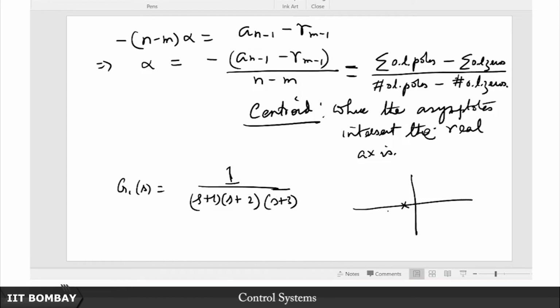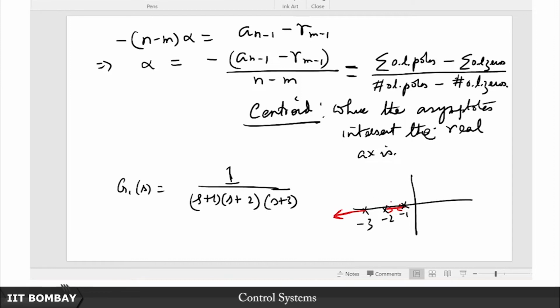It's at minus 1, at minus 2 and at minus 3. So immediately I know where the root loci are on this axis, and I also know that it's going to be here. Obviously there's going to be somewhere that they're going to break away like this. We'll see that shortly, maybe in this lecture or in the next. We'll see those refinements.